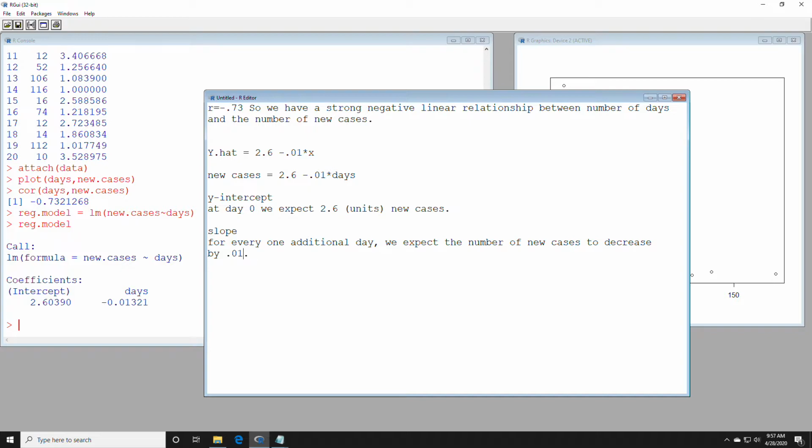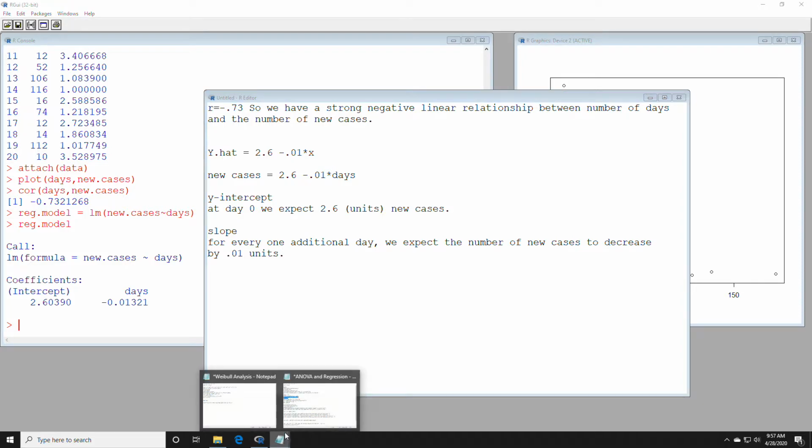And again, write units. We don't have units. So for every one additional day, we expect the number of new cases to decrease by 0.01 units. So as time goes on, we expect the number of new cases to decrease.